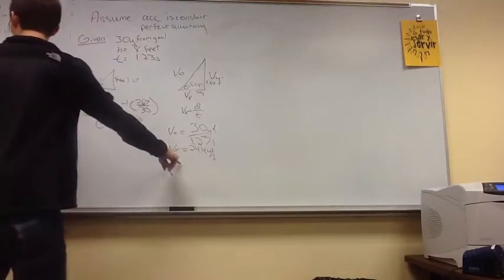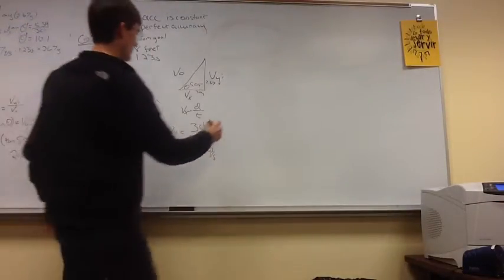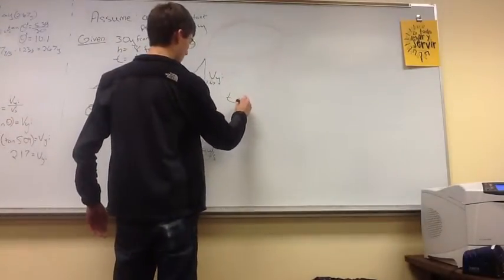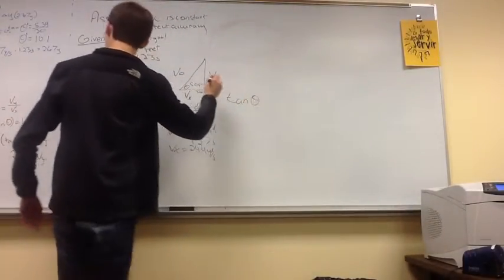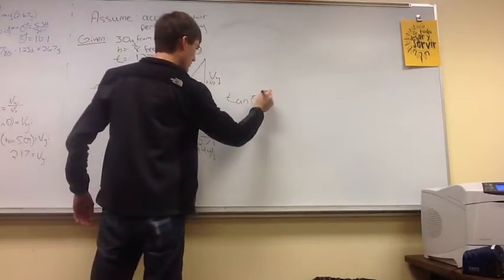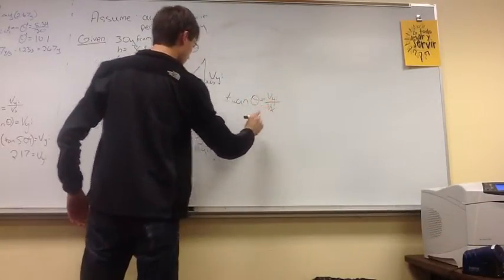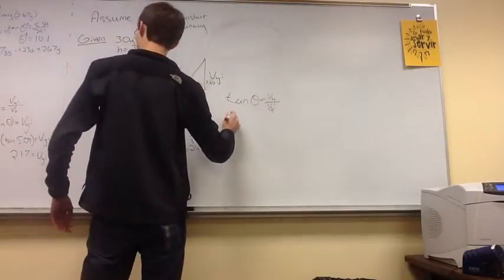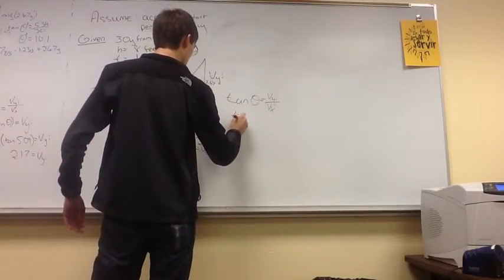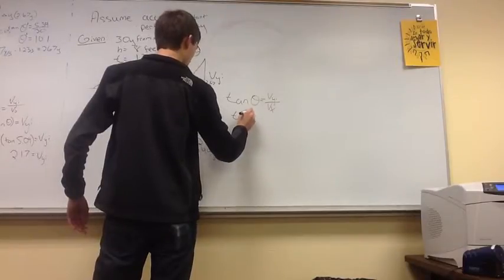Now comes the tricky part, finding vy initial. To do this, we're going to have to take the tangent of our theta and multiply it by the vx that we just found. Ergo, 24.4 times tangent 5.09 degrees.